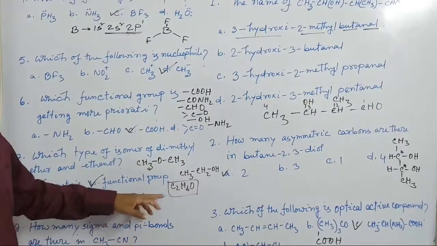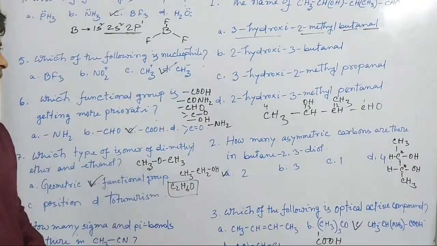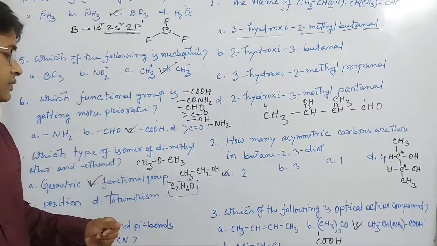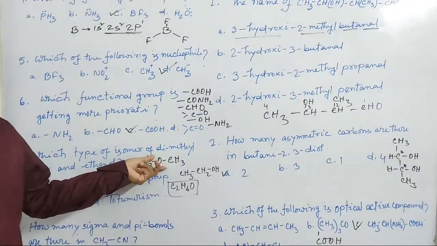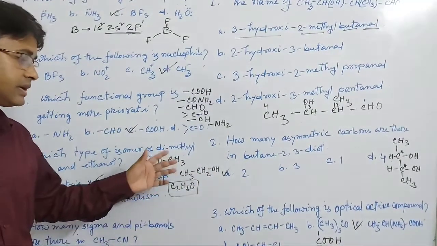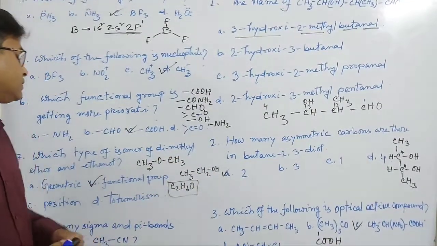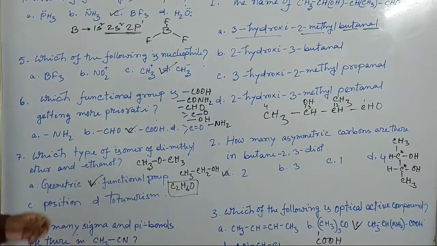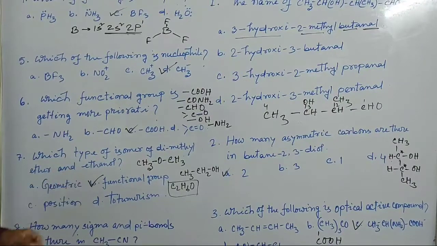But the functional groups are different. One is ether and another is alcohol. Due to the different functional groups, they are different compounds. So I can say this is actually functional group isomerism. That's why the correct answer is B.